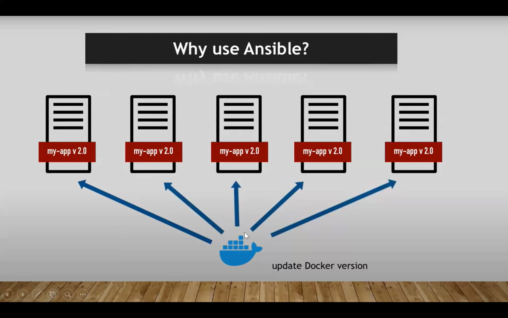In the previous slide I was trying to install Apache. In this slide I'm trying to install Docker on all these servers. Or suppose I already had Docker, but I want to update the Docker version. Suppose earlier it was 1.0, now I want 2.0. So how will I upgrade it on all the servers?